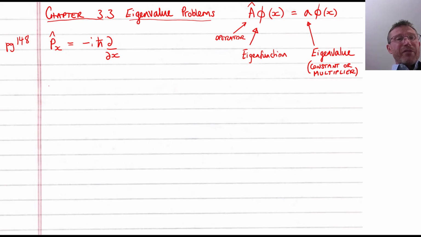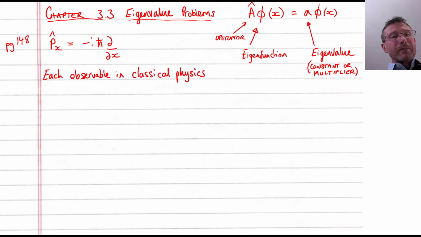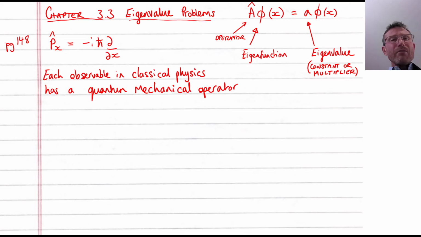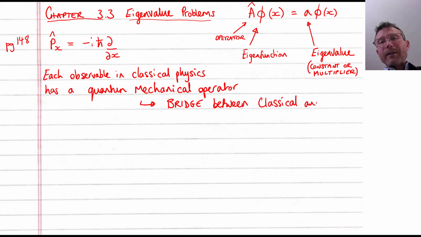I'm going to formally write that each observable in classical physics has a quantum mechanics operator. And really, what are these operators? They are the bridge between the classical and quantum worlds, mathematical bridges, if you will.